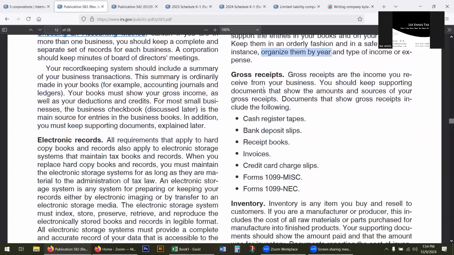All right, gross receipts. Again, we're going to see where the IRS and government is just kind of behind the times here. What are gross receipts? Whenever someone pays you for anything, what records do you have to prove that someone paid you? And this is very, very important.